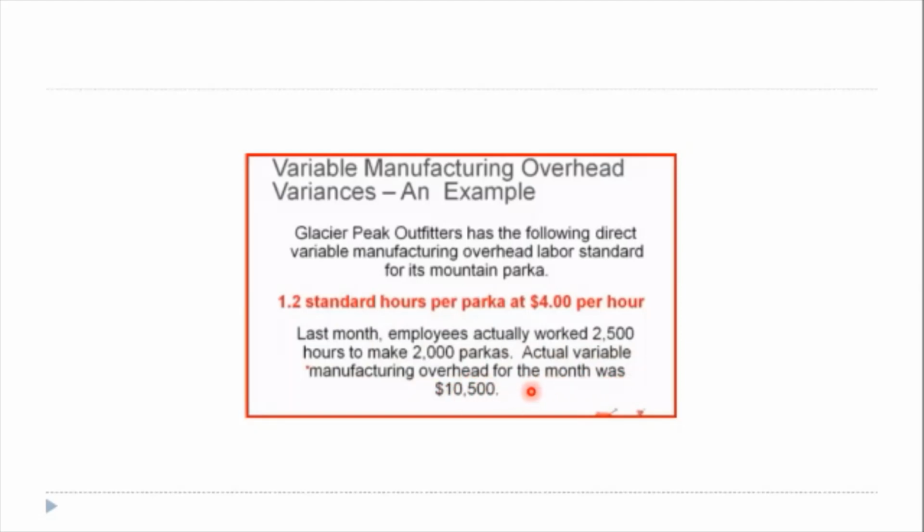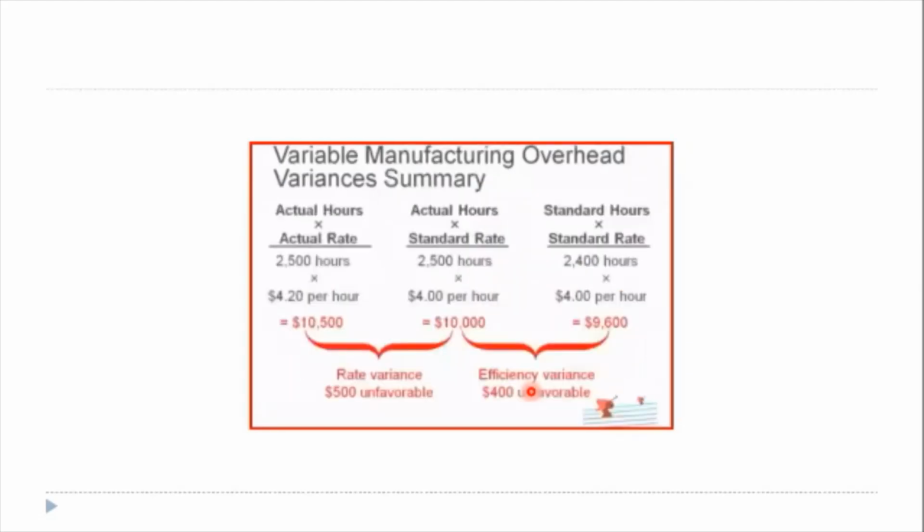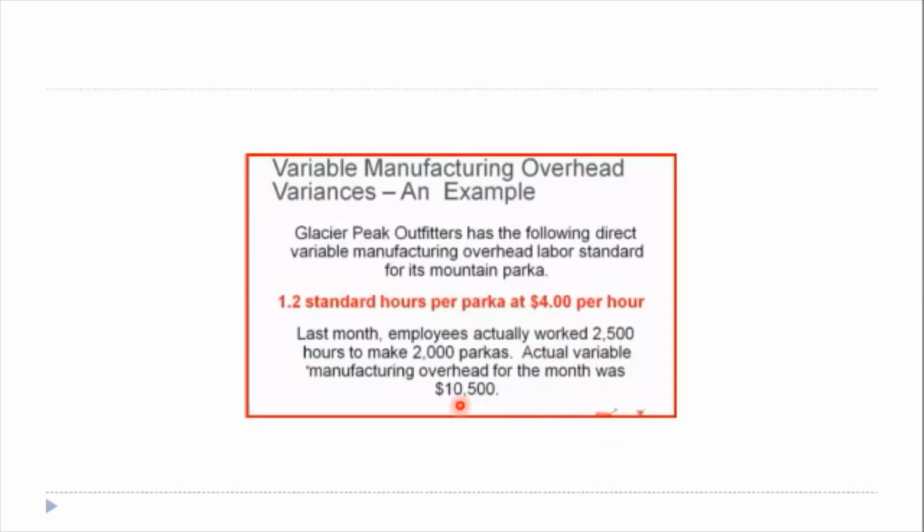Okay. So let's go back here a minute. You can get the rate by dividing this by the hours, because it appears, since we are given no other hours, that they are using direct labor hours to allocate the overhead.